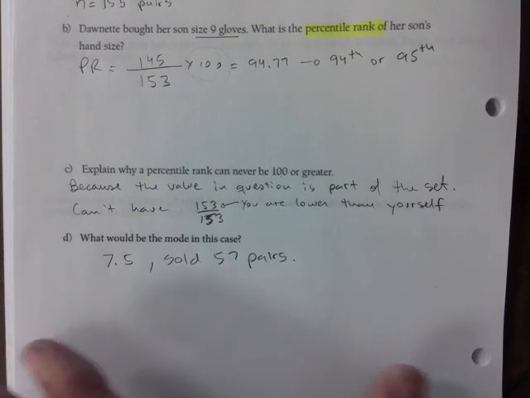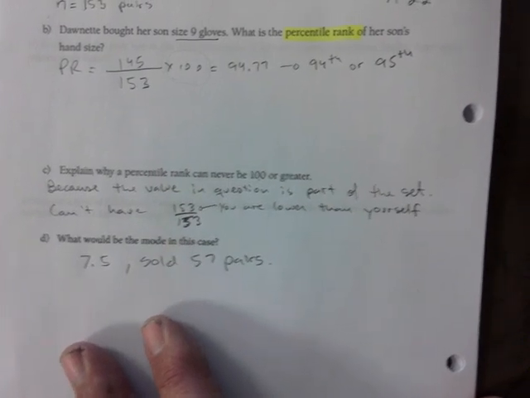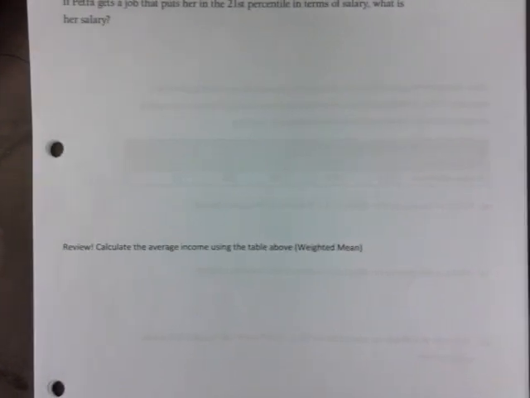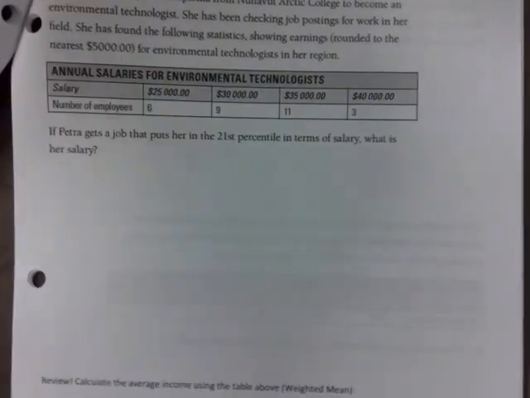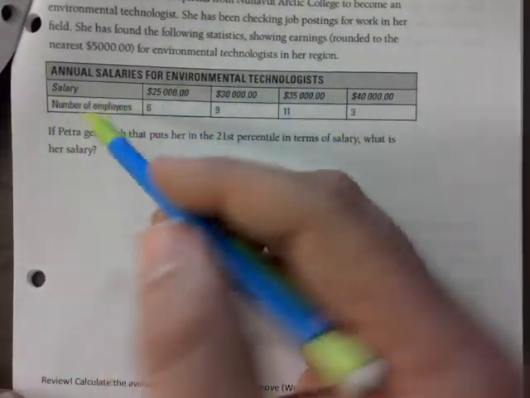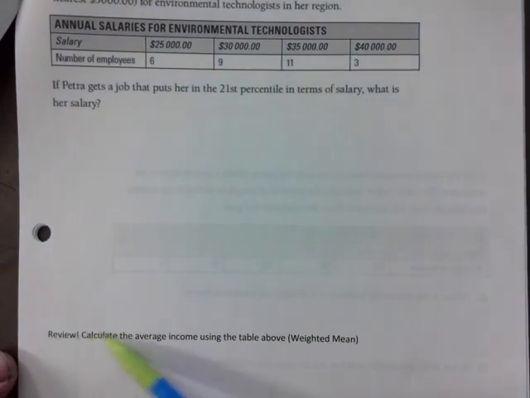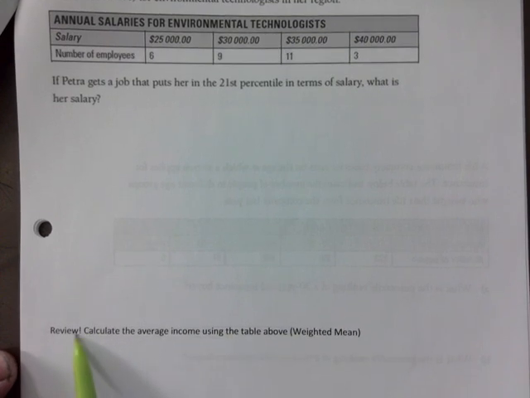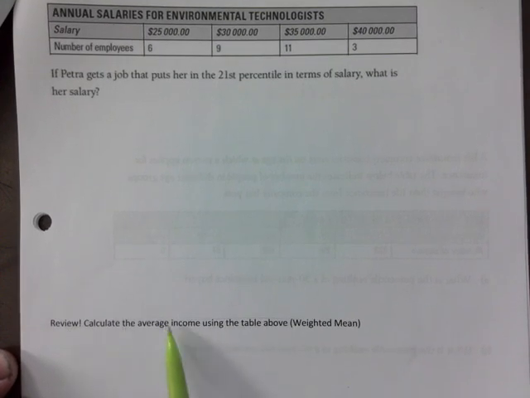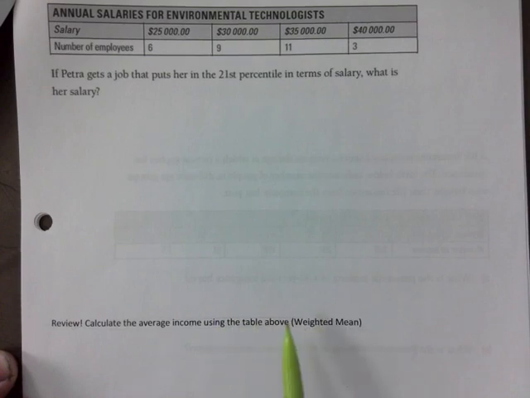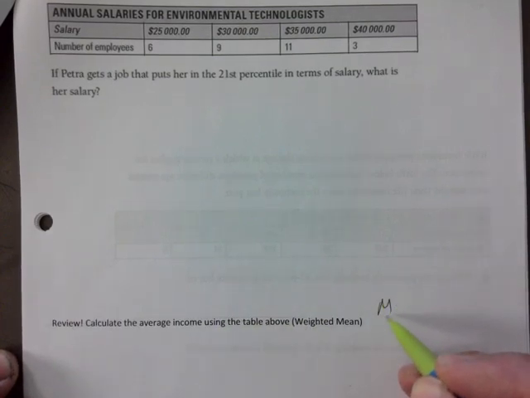Let's try this on page 64 here real quick. Can you calculate the average? I'm reviewing for the test already, by the way. Using this table, go back down where it says review, bottom half of this page on page 64. It says calculate the average income using the table above. So you're using weighted mean. So you're going to get mad, right?